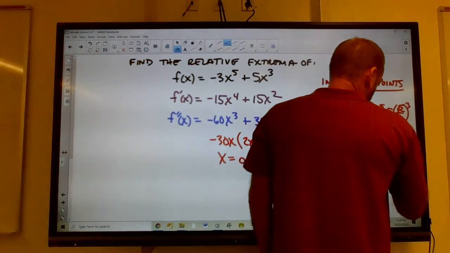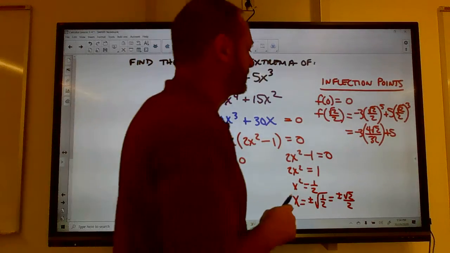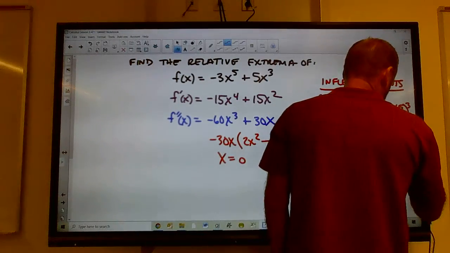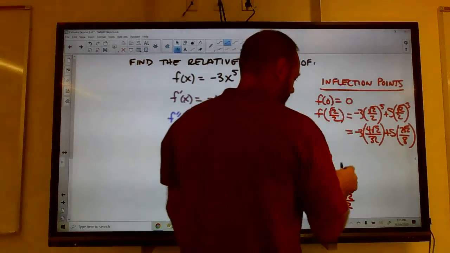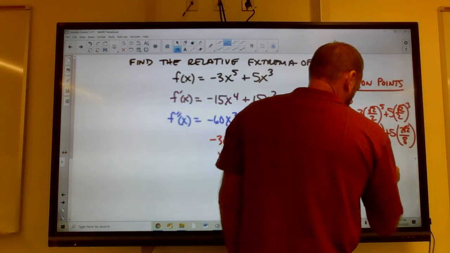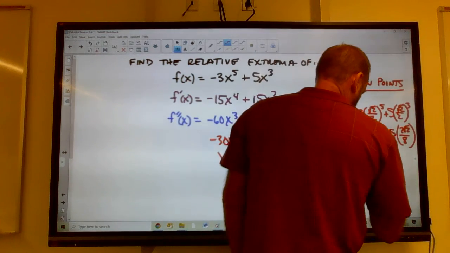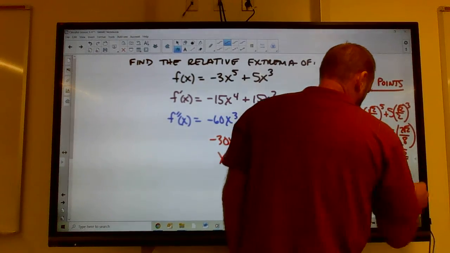And then over here, plus 5 times square root of 2 to the 3rd power, which is 2 square root of 2 over 8. That's negative 12 square root of 2 over 32 plus 10 square root of 2 over 8.